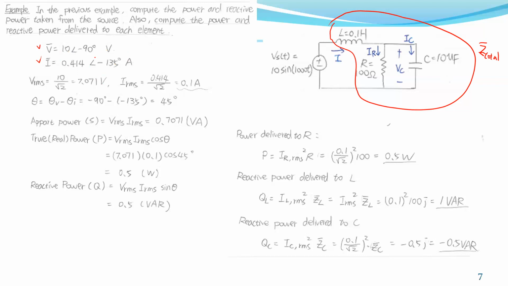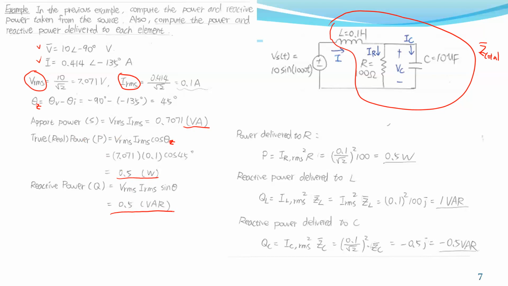Once you find them, you can find the V RMS, I RMS, and theta Z. So we can find the apparent power, and remember its unit is VA. Then you calculate the real power or true power, and the reactive power is just 0.5 VAR. It's the same procedure as we talked about in the previous example.